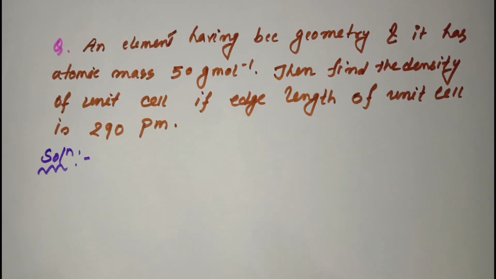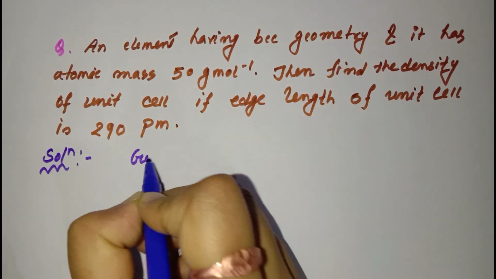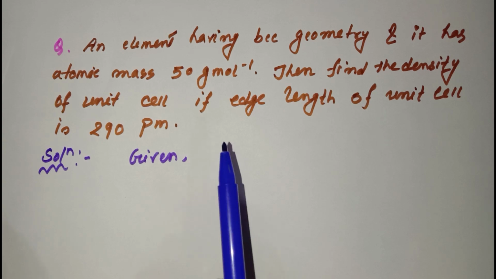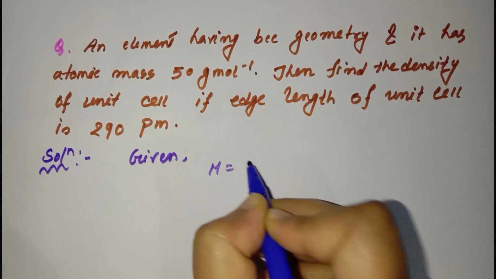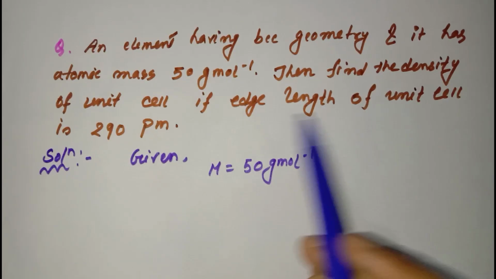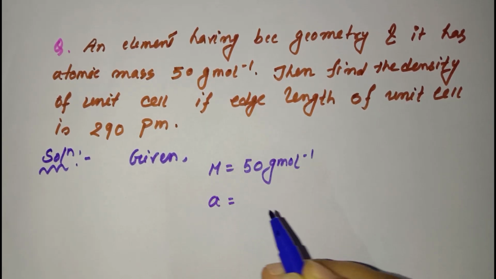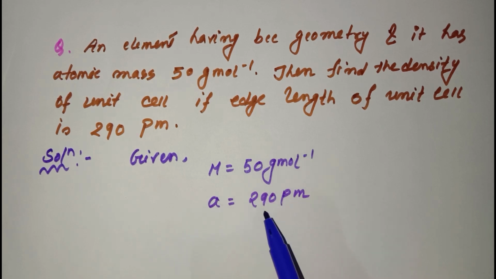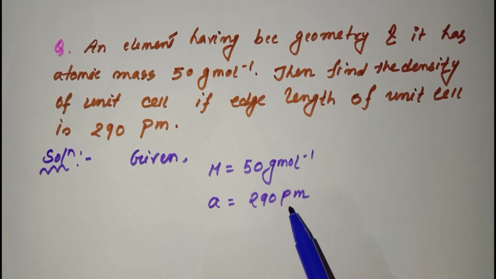First you have to write the given parameters. The molar mass is 50 gram per mole. The edge length of the unit cell is a equal to 290 picometer.